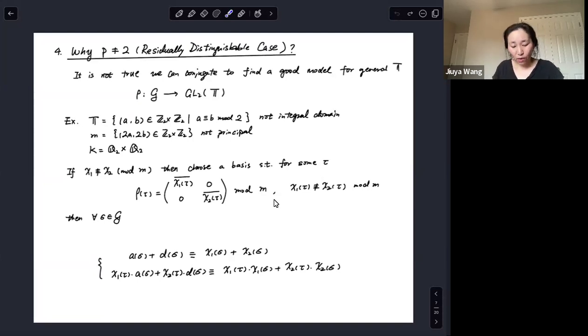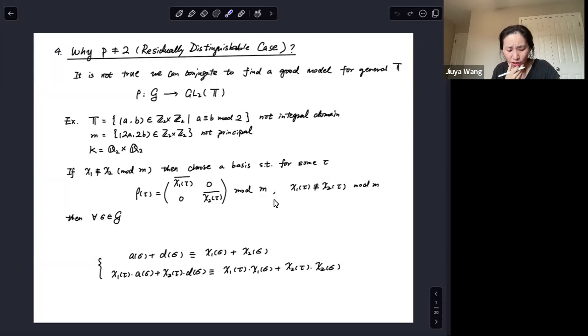That's why you cannot always get a model inside GL2(T), because you can easily define other T local rings with even higher, arbitrarily high congruences, but the total ring of fractions stays the same. So we don't have a good model in the first place.